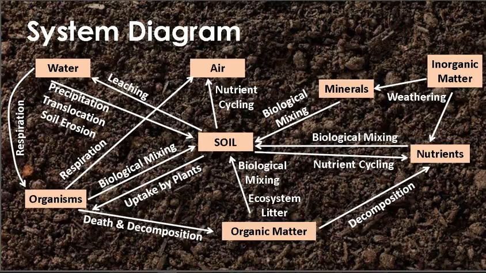Now, nutrients biologically mix and form soil. Minerals biologically mix again, and they form soil. Soil nutrient cycling is directly connected to air. Organisms again rely on air for respiration, right? Leaching of soil happens with the help of water.